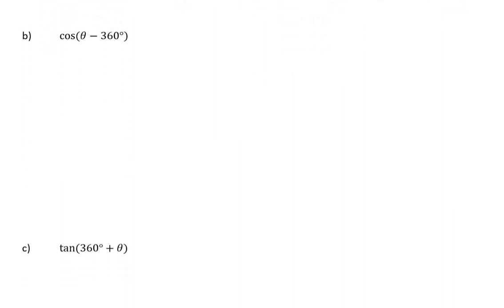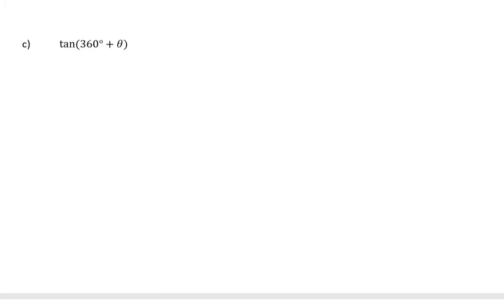This is even better because if I take theta minus 360 degrees and I go and add 360 degrees because I'm allowed to do that, the 360 degrees cancels. And so I actually get cos theta. So that's really quite simple. Our next one is also quite a nice easy one. Remember, you are allowed to subtract 360 degrees as many times as you want.